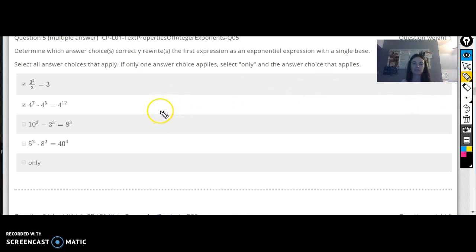4 to the 7th times 4 to the 5th. Well, now we're multiplying exponential expressions with the same base. Okay, so that means that we can add those exponents. So 4 to the 7 plus 5 equals 4 to the 12th. All right, well, let's just check it on our calculator really quickly.